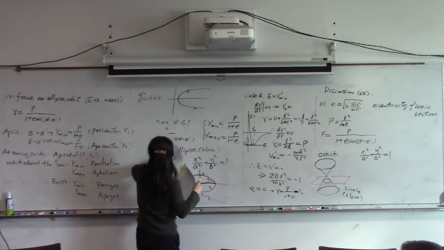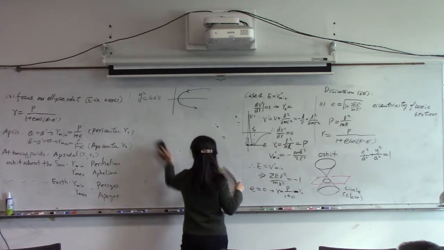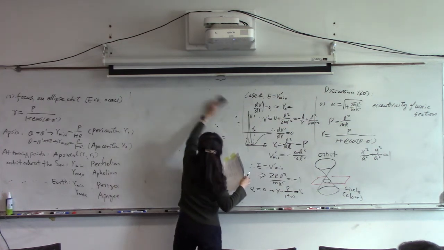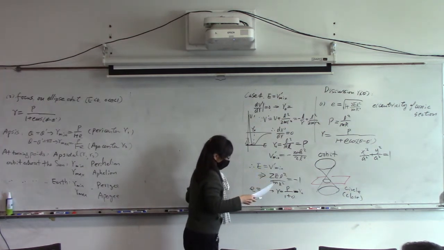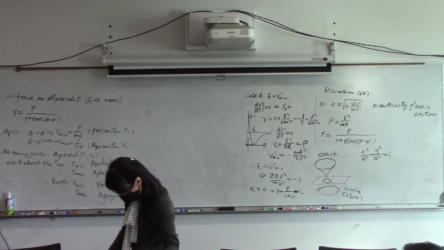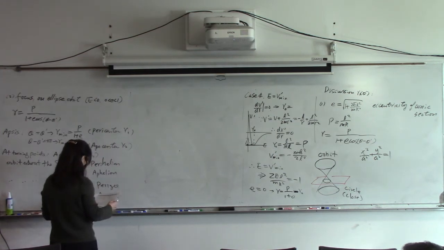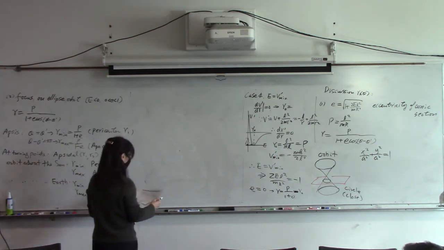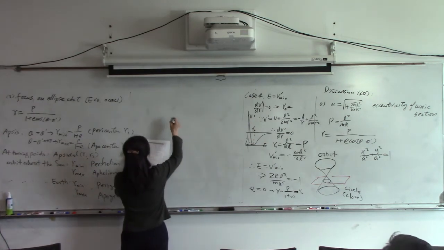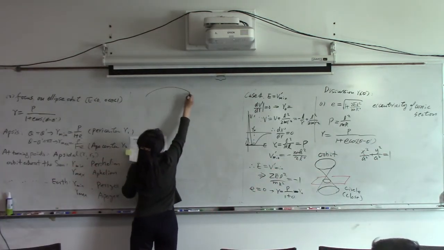Okay, so that's the terminology, and with it we can go to the next discussion about the relation between the orbit and another parameter which we are going to introduce. We introduce the semi-major axis now.